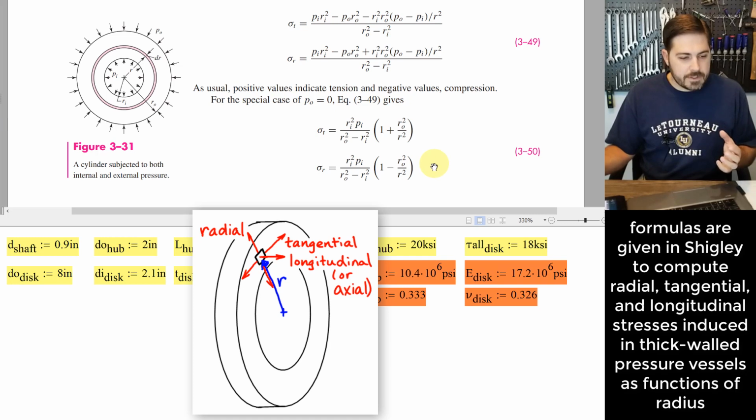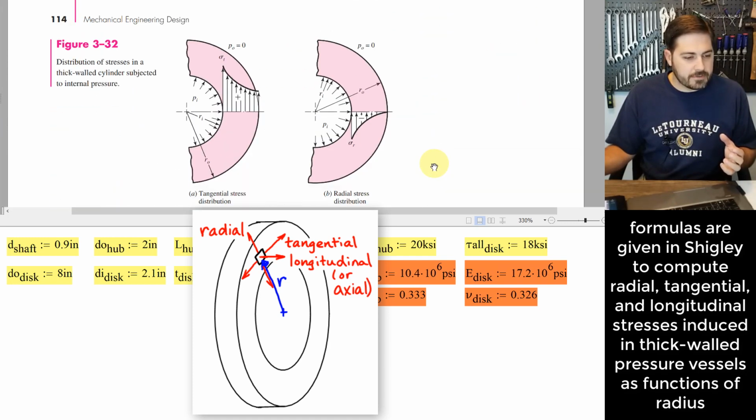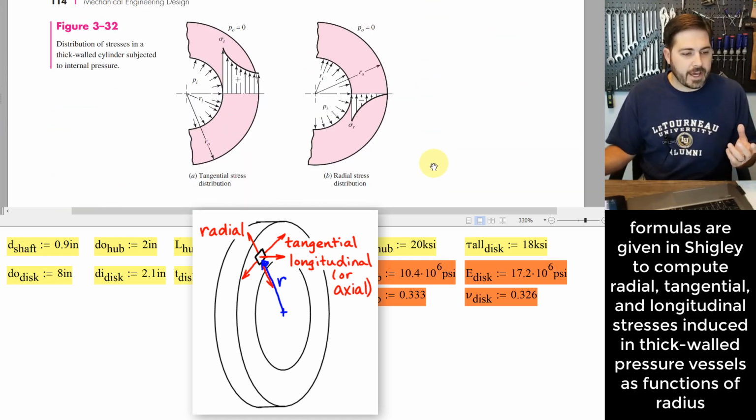I guess the next thing we'll look at here, actually this is a good thing to look at, is what exactly do these stress distributions look like in one of these thick-walled cylinders. What you see there is that if you have positive internal pressure and zero external pressure, you tend to have tensile stresses the highest nearest the inside of this kind of a case, and then they taper off to being less toward the outside.